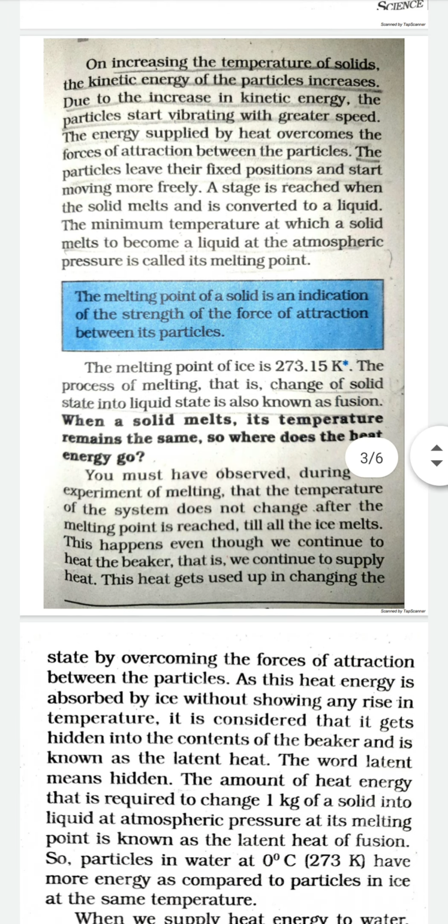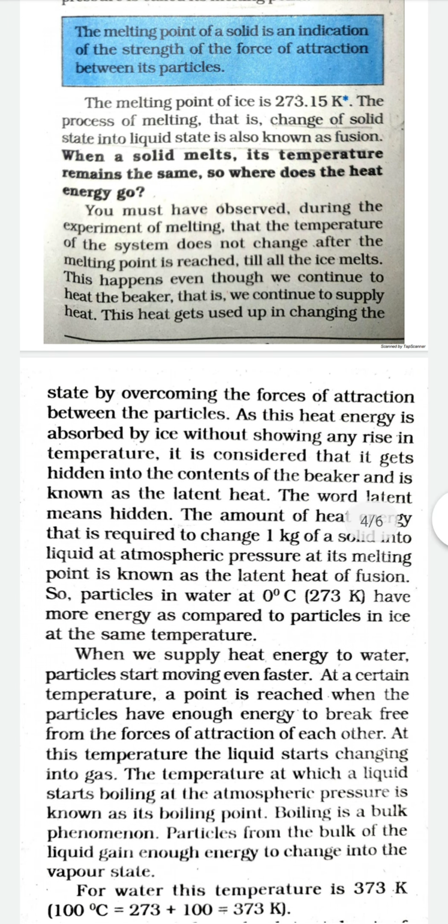Let's explain what happens here. This heat, which is not showing in the thermometer, gets used up in changing the state from solid to liquid by overcoming the forces of attraction between the particles.